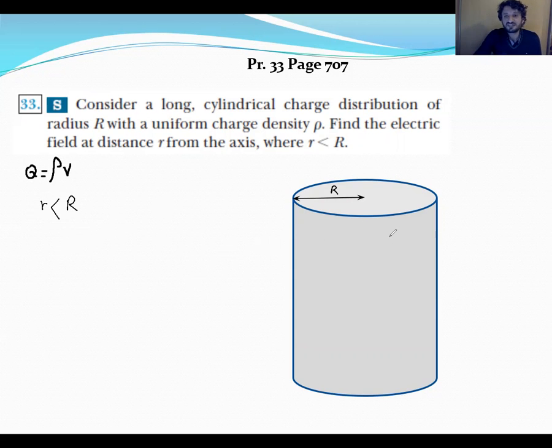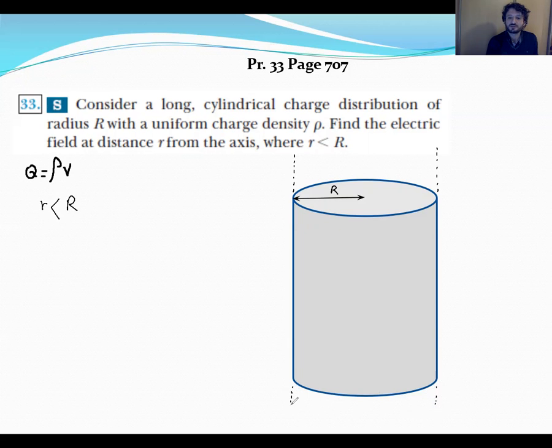In order to solve this problem and calculate the electric field, we have to apply Gauss's law. Be careful here. We have a long cylinder. It's not small. When we say it's a long cylinder, it means it's long to infinity, okay? It's not limited. So we can say the length of the cylinder goes to infinity, up and down.